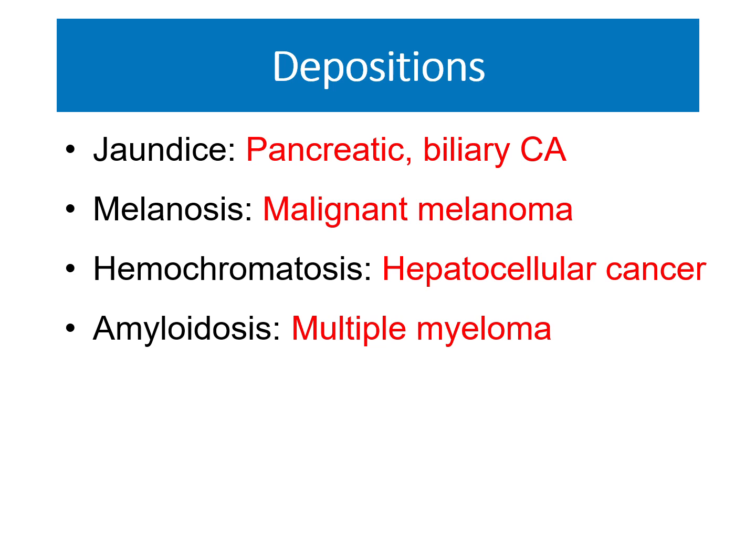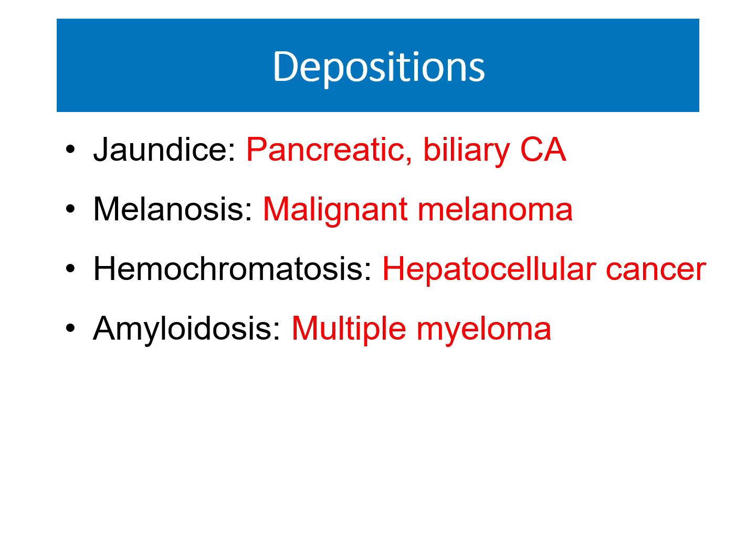Now, deposition of a certain material can also reflect an underlying tumor. For example, jaundice, where bilirubin deposits in the skin. Jaundice could be due to several things. It could be associated with viral hepatitis, but it could also be associated with an underlying malignancy like pancreatic carcinoma or biliary carcinoma.